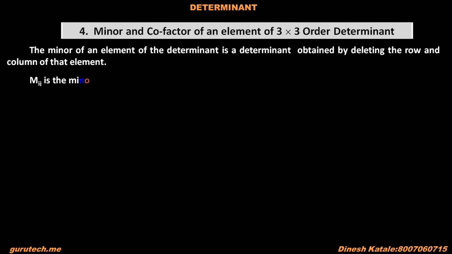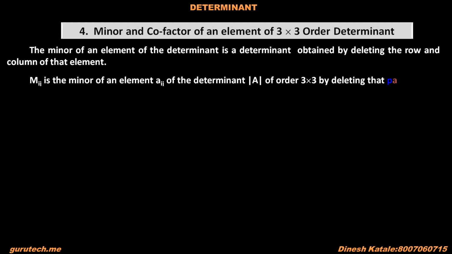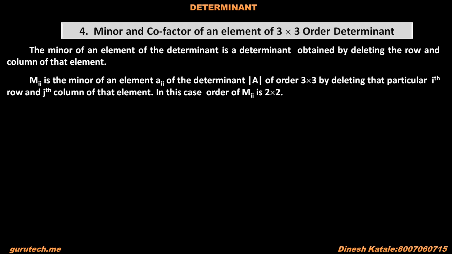Mij is the minor of an element Aij of the determinant A of order 3, by deleting that particular ith row and jth column of that element. In this case, order of Mij is 2 by 2.